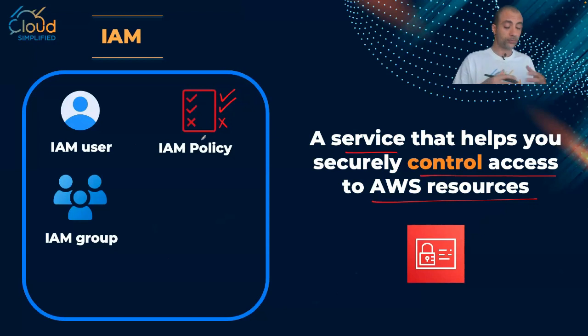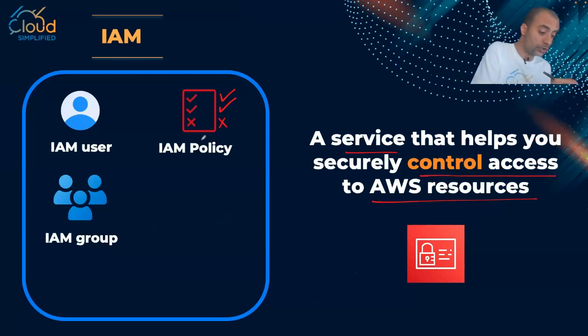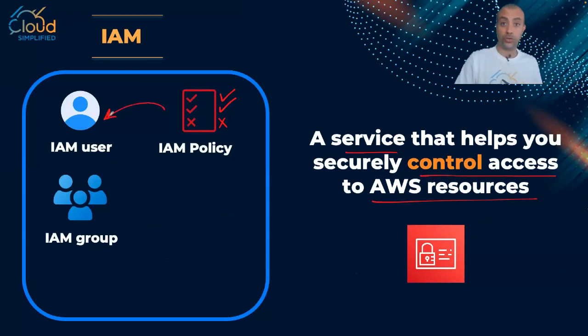And then, now you can ask yourself a question. I can attach my IAM policy to an IAM user. Also, I can attach my IAM policy to an IAM group. Which one do you think is the best practice? Because we're going to see for each and every entity what is the best practice.